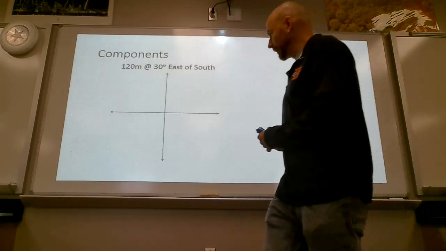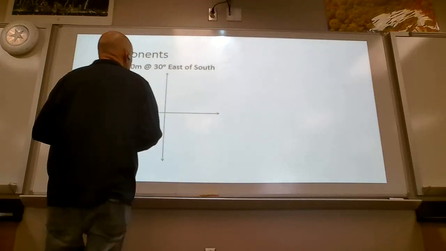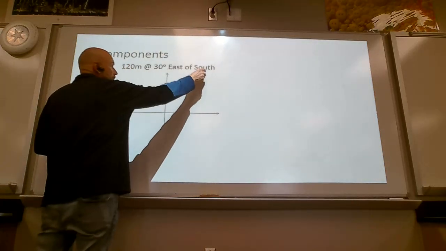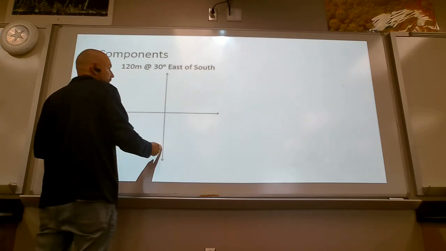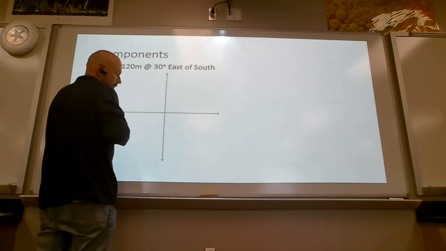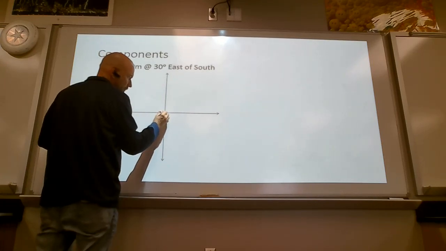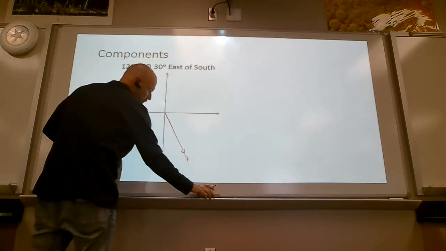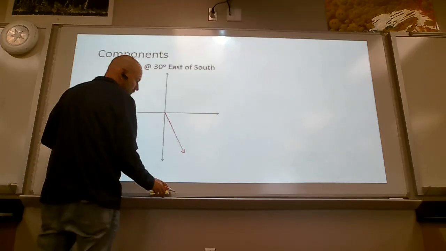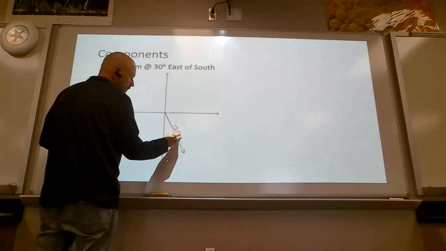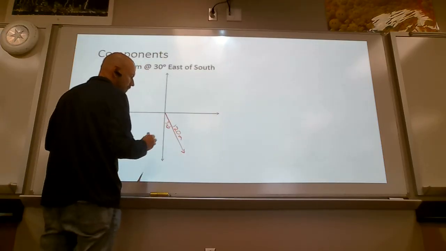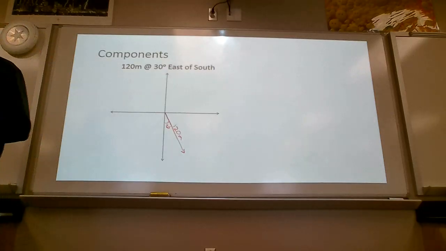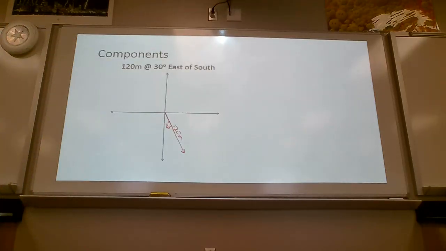So that's going to be, I'm going to read it backwards, starting south, go east, how far? 30 degrees. In my journey, did any of my motions go in the southward direction?